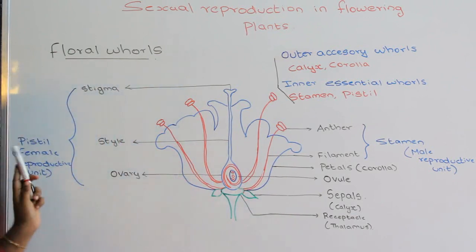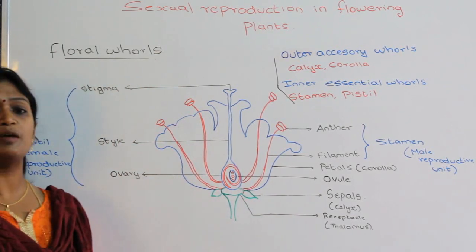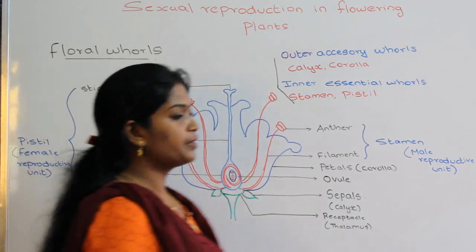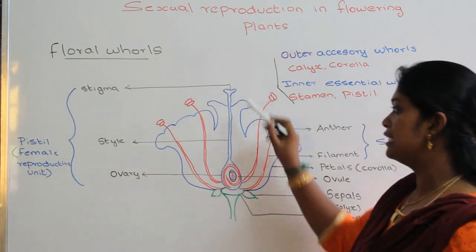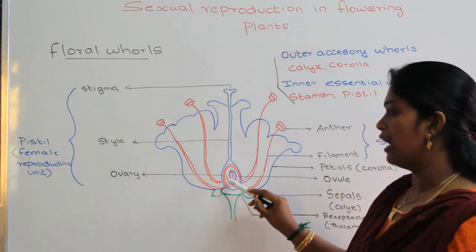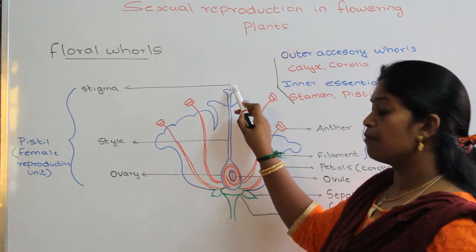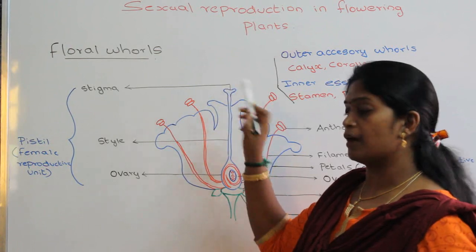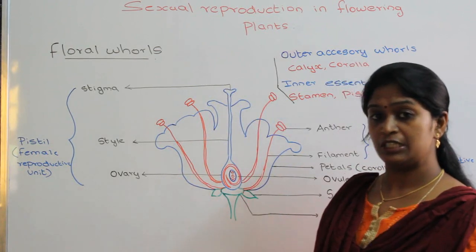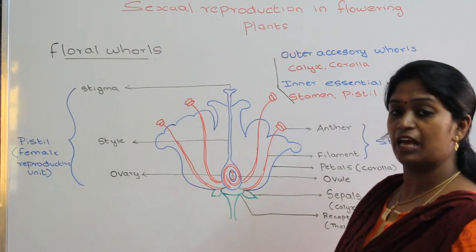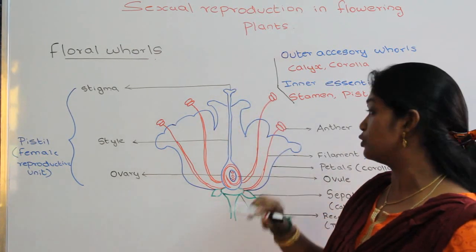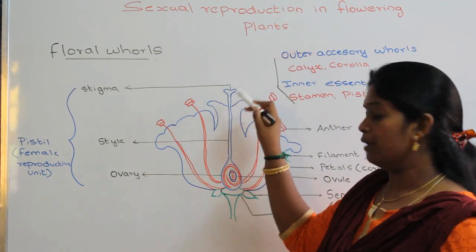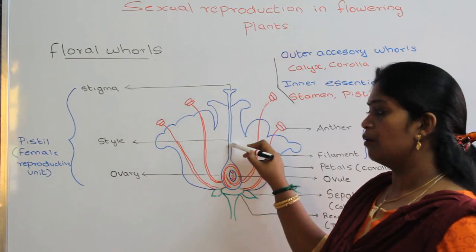Next, coming to the pistil. The pistil is the female reproductive unit, and it consists of three important parts: the stigma, style and the ovary. The stigma is the topmost part of the pistil to which the pollen gets attached with the help of pollinators. Once the pollen gets attached to the stigma, it should enter through the style.